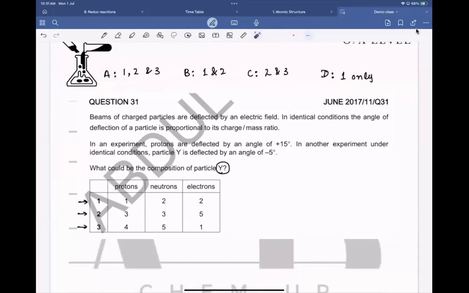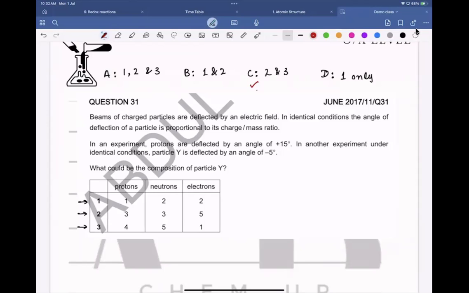Yes. The answer is C, 2 and 3. Okay. You are saying the answer is C, 2 and 3. Yes.